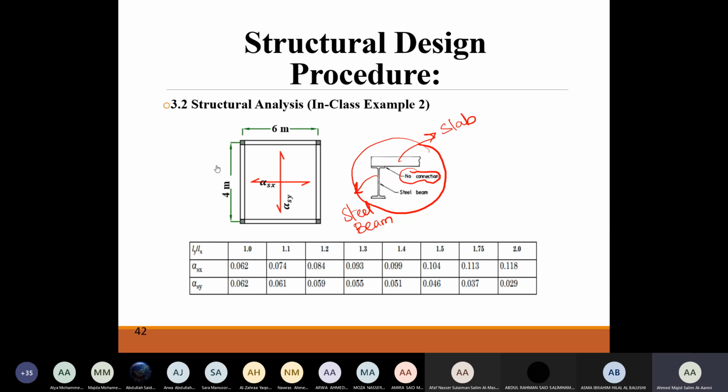It means they have constructed the beam, or they have placed the beam, and at the top of the beam, they just placed the slab. They kept the slab above the beam only. They didn't make any connection. It means there was no drilling to make sure that the slab is connected to the steel. Are we clear? They only kept it above.